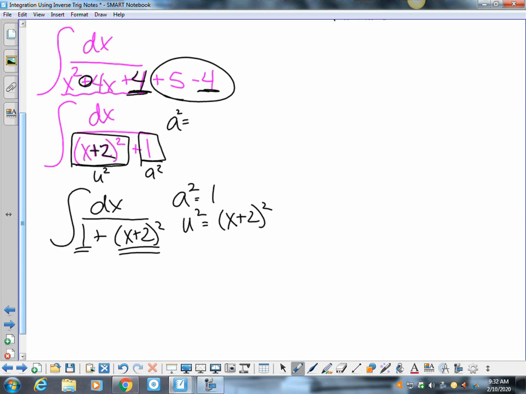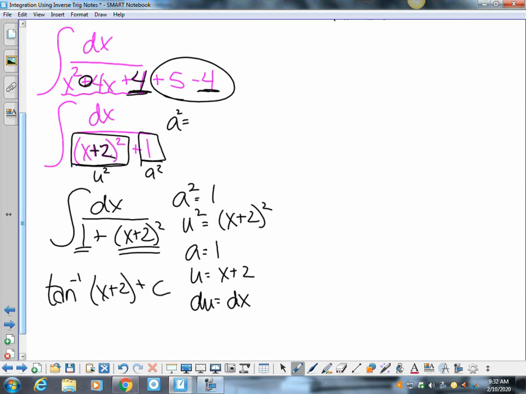So what is A? What is U? What is your du? So let's see, it's tangent: 1 over A, so 1 tangent inverse of U over A. Now, do you have to have that in parentheses?